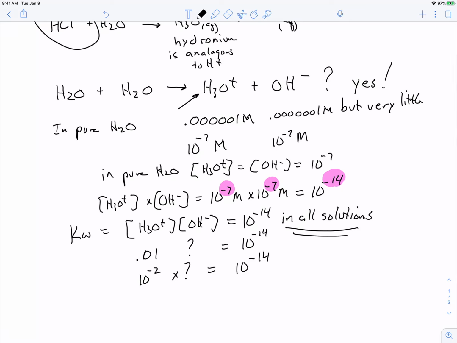Well, we could set it up this way. We could say that the hydroxide concentration is going to equal 10 to the minus 14 divided by 10 to the minus 2. In this case, we would simply subtract the exponents, and we would end up with 10 to the minus 12.